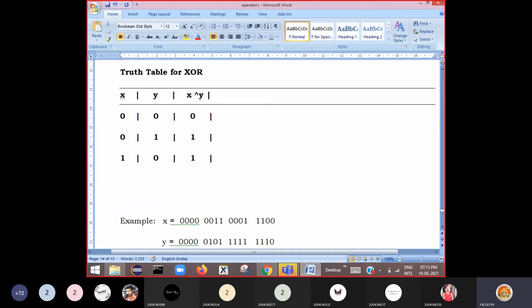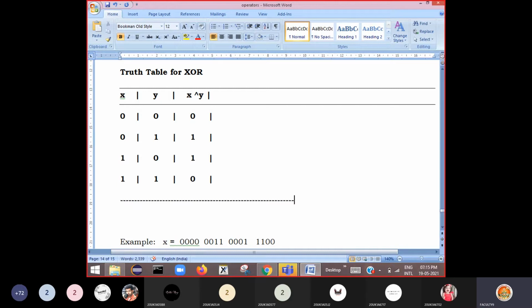Now assume that X is 1 and Y is also 1. Since both the bits are same, the result will be 0. This is the property of exclusive OR.